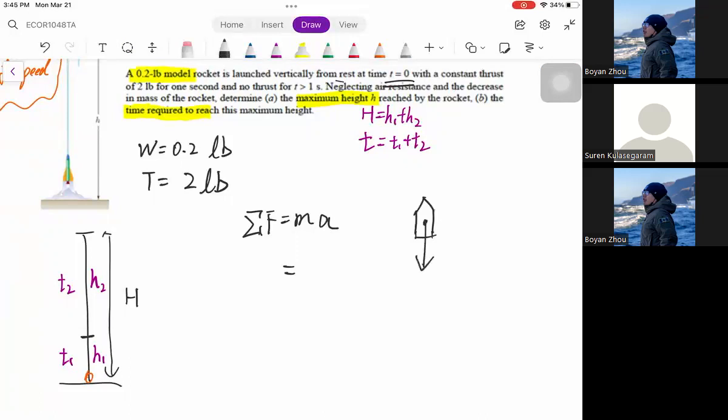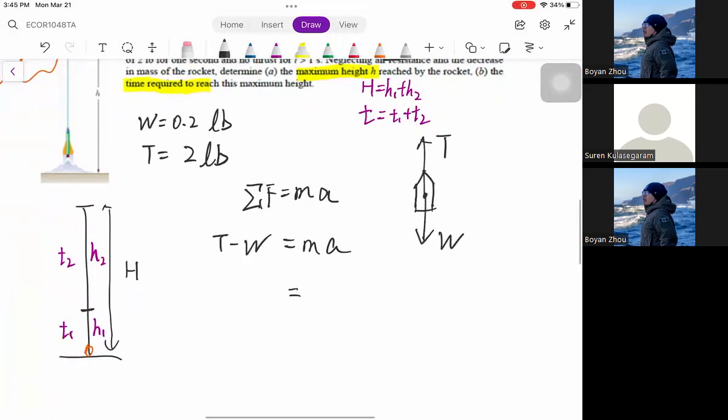It has a weight and a thrust. So the resultant force is thrust minus weight, equal to ma. The thrust is given as 2 pounds, and the weight is given as 0.2 pounds, and it's equal to the mass of the rocket times the acceleration.